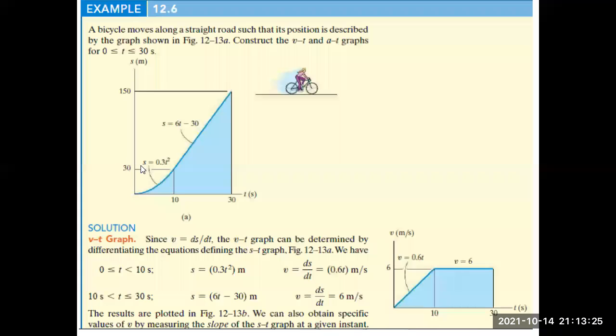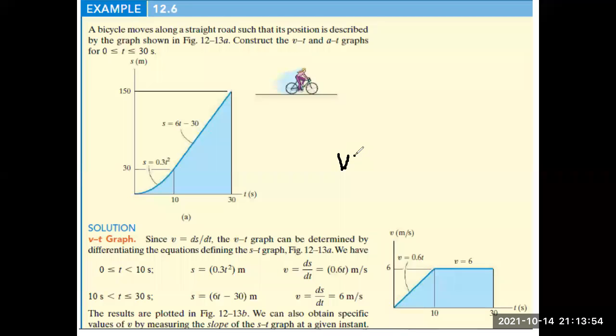Exactly. So from 0 to 10 we can make use of this equation to plot V versus T, and from 10 to 30 we can make use of the other equation to plot the rest of V versus T. Okay, what do you need to do to get V? The definition of V is equal to what?